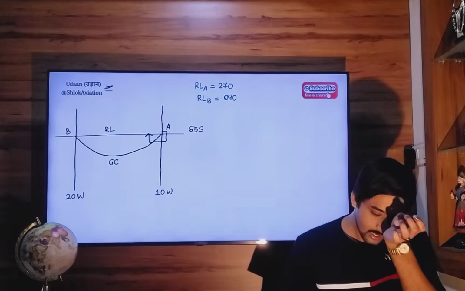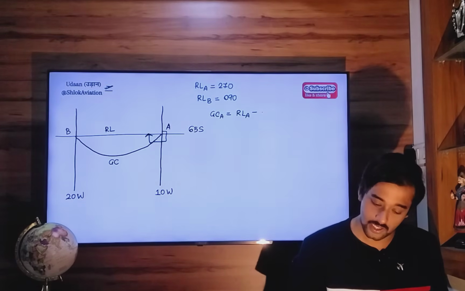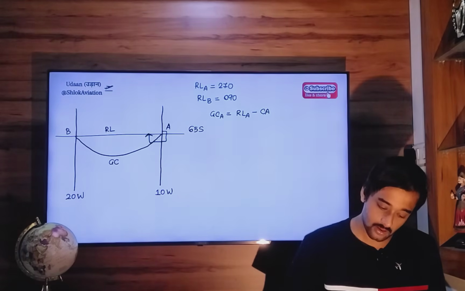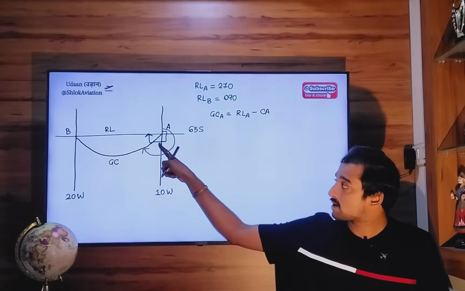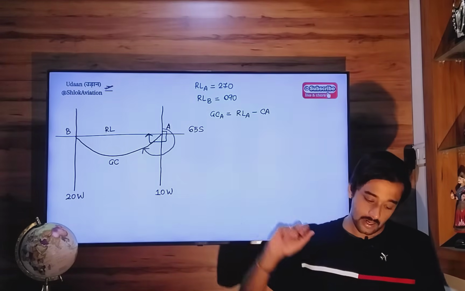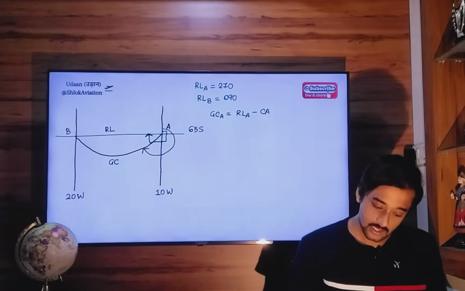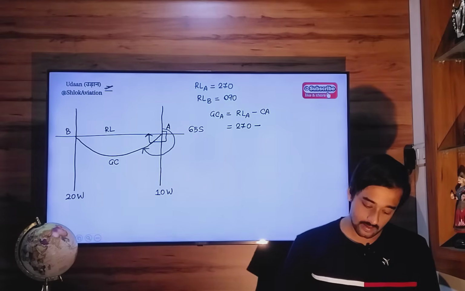Next, great circle track at A is rhumb line track at A minus convergency angle. Why minus? Because this is your great circle track, only up to this point. So you will have to subtract the convergency angle from this big rhumb line angle. So you are going to subtract 270 minus convergency angle.